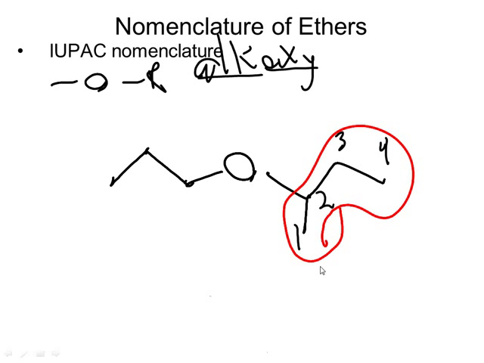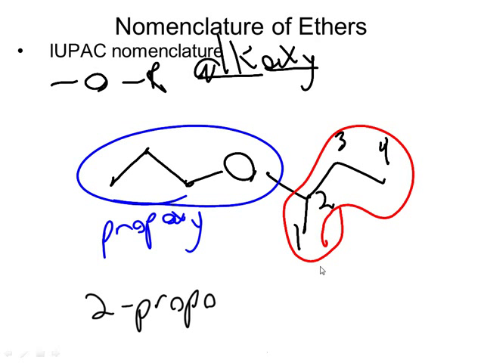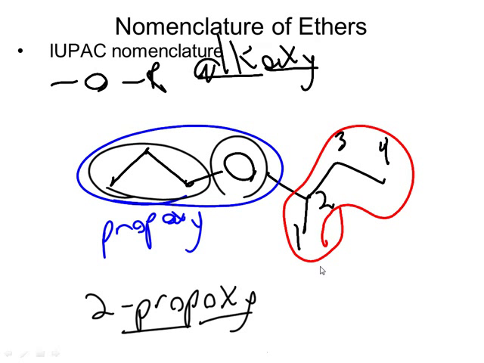This alkoxy group in particular is called propoxy. So this becomes 2-propoxy, and this parent chain is butane.